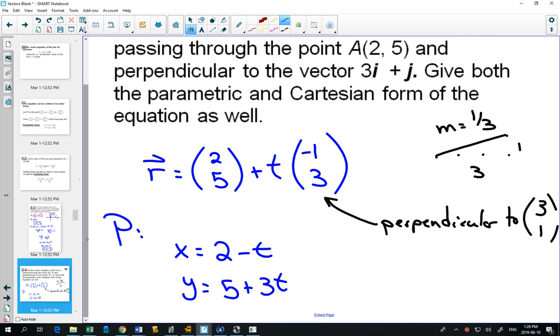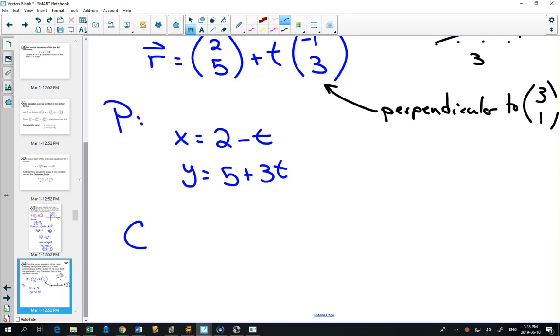And the Cartesian. For the Cartesian, we solve for t. In the first one, you would get x minus 2 divided by negative 1 would be t. In the second one, you would get y minus 5 divided by 3. Again, the Cartesian one, we could rearrange to find out y equals mx plus b if we wanted to, but we do not need to.